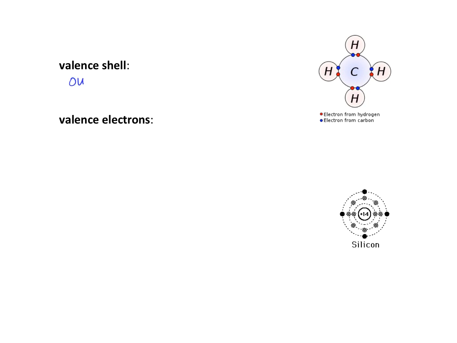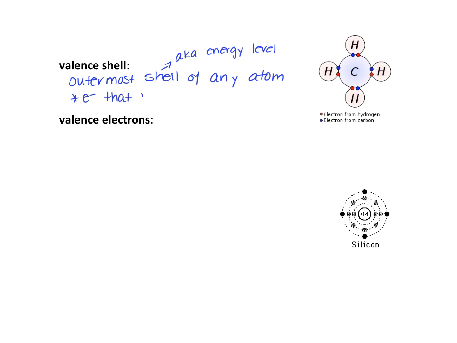And this is just the outermost shell of any atom. Okay? Now, when we say shell, that can also be known as energy level. Okay? So these are the electrons that are the farthest away from the nucleus.